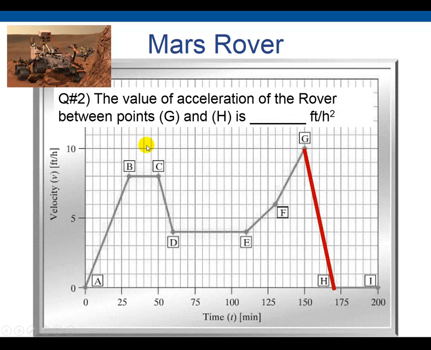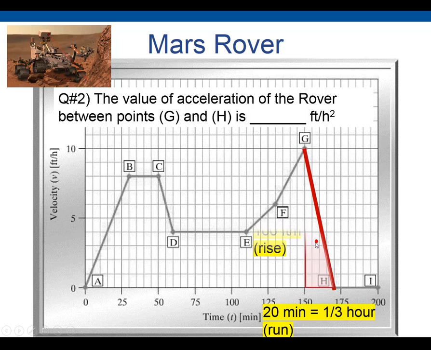The second question is the value of the acceleration of the rover between points G and H. You can see the rover's velocity is highest at point G and suddenly drops to H. Zero velocity means it stopped. It does not move. Here was the highest velocity and the lowest velocity. What is the acceleration of the rover?